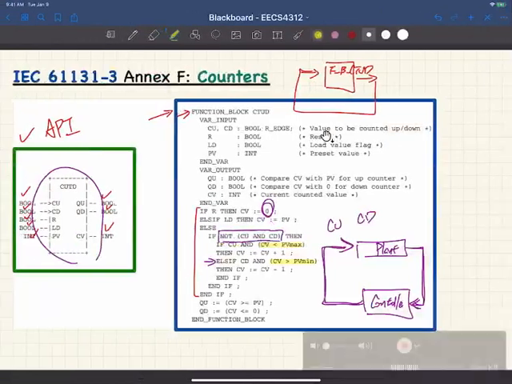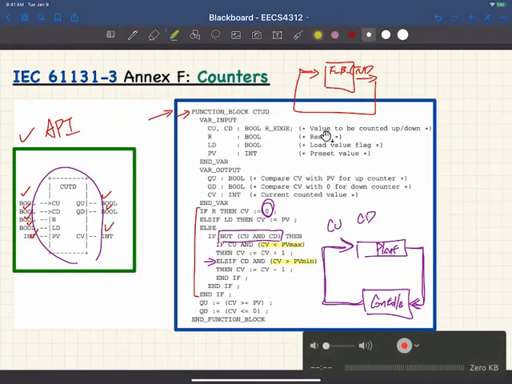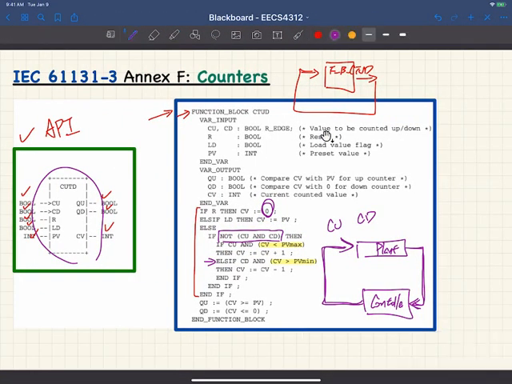I'll give you a more concrete example. What if I have PV min 10, PV max 1? The counter will only be enabled if the counter value is less than the maximum and greater than the minimum. What would that be?